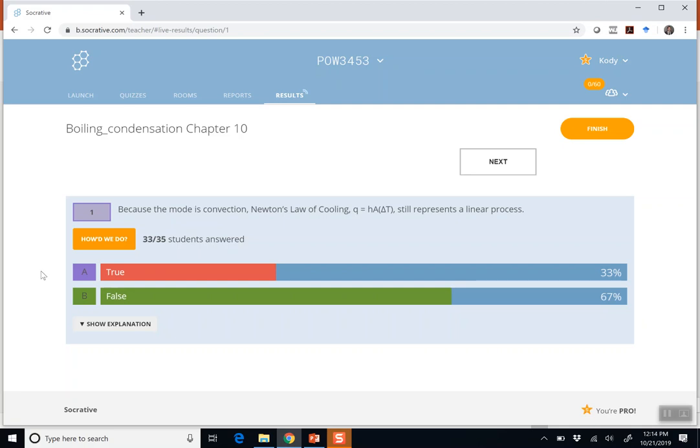Yeah. Okay, so Zach says our H is now varying, which is totally correct. So now our H is no longer going to be a constant.